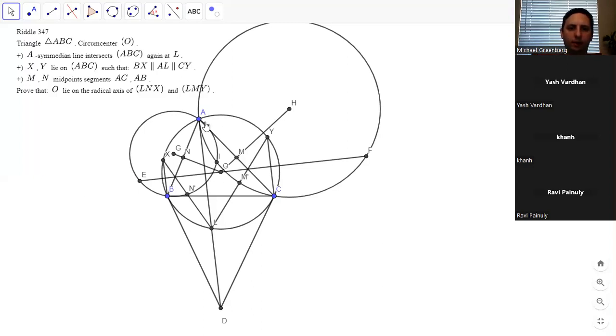So yeah, because ANOM is cyclic, from there we might be able to find the angle AO makes with MN.